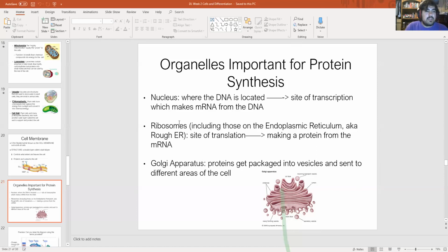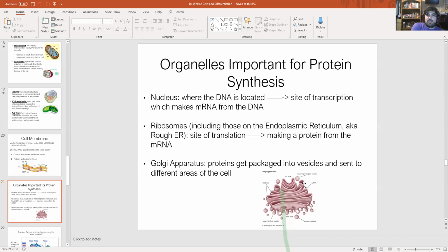Anyways, so we've got the nucleus, and we've got the ribosomes. It's the site of translation, where you make a protein from the mRNA. We've talked about that already. And then the Golgi apparatus, where proteins get packaged into vesicles and sent to different areas of the cell. So this is like your carrier pigeons, your UPS drivers, your postmen, your Amazon delivery.